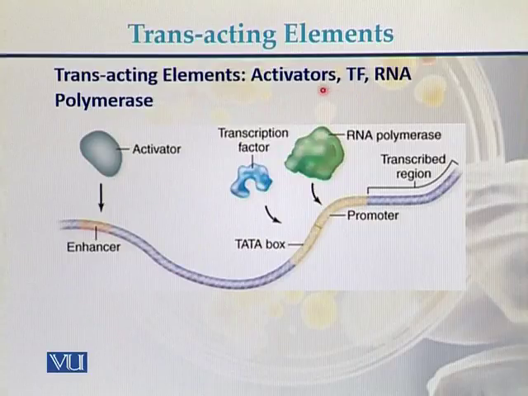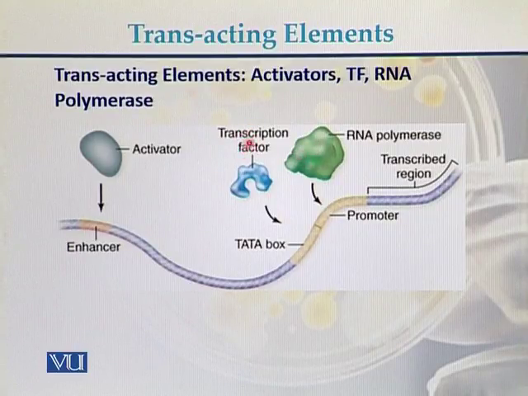Trans-acting elements are activators, transcription factors, and RNA polymerase. All these are called trans-acting elements. Here we can see the enhancer sequence, and this is the activator protein. So this activator protein is called a trans-acting element. Here is the RNA polymerase. It is also called a trans-acting element.